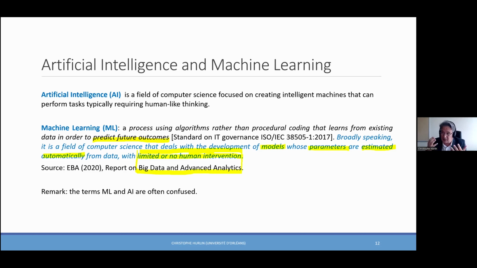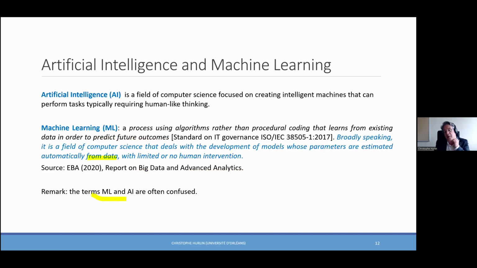This is the main difference between machine learning and econometrics. In econometrics, the econometrician chooses and specifies his or her model. In machine learning, an algorithm specifies the model. So the specification is deduced from the data.